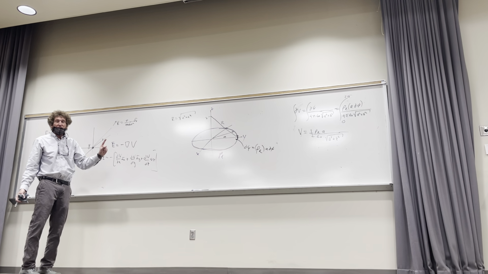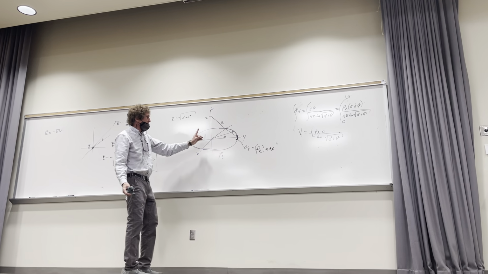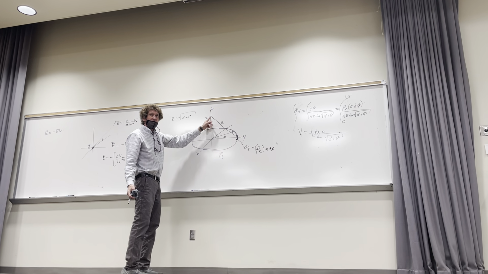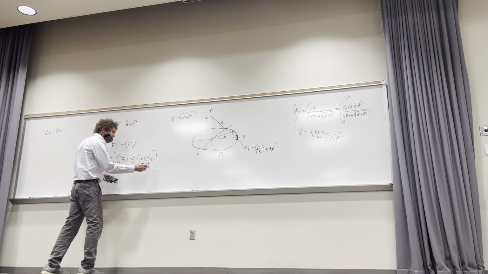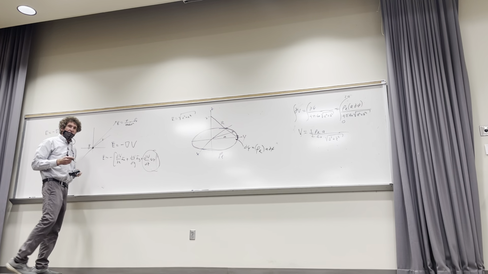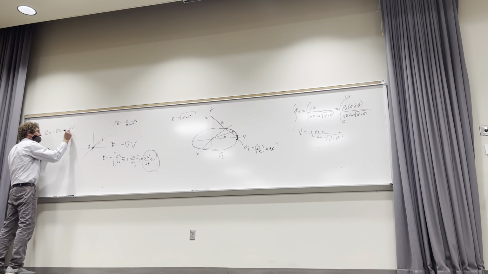Well, you're only moving up and down the axis if you're talking about the E field on the axis, so the only variation is going to be in z. A is fixed. Do y'all follow me in that class? You're not changing that. So when you take this gradient operation, the only thing that'll survive is dV dz.